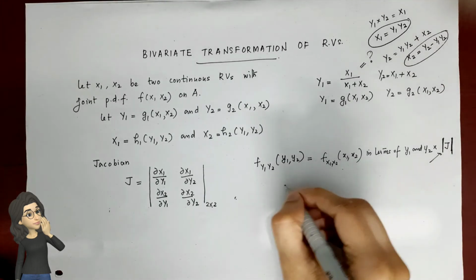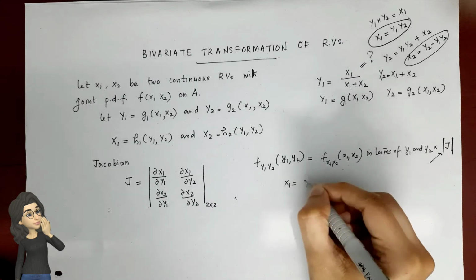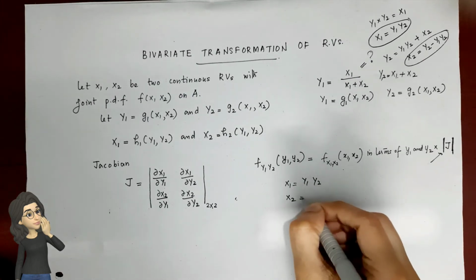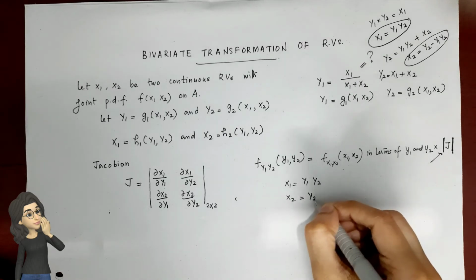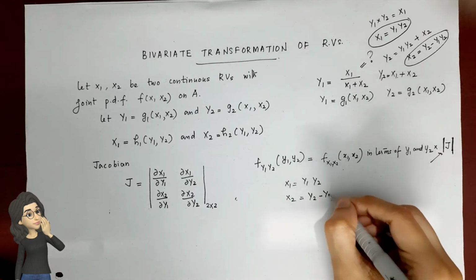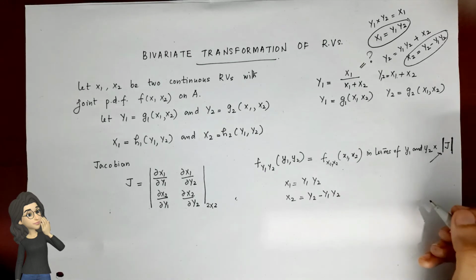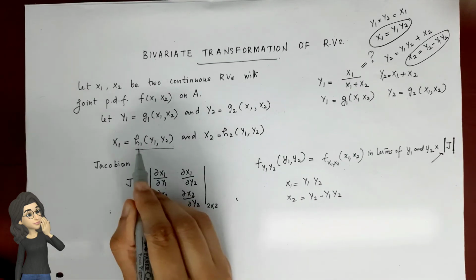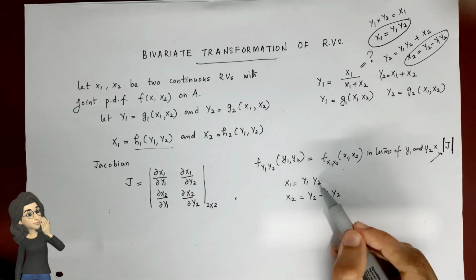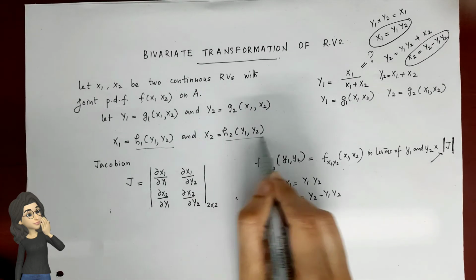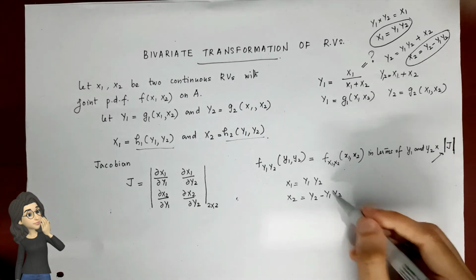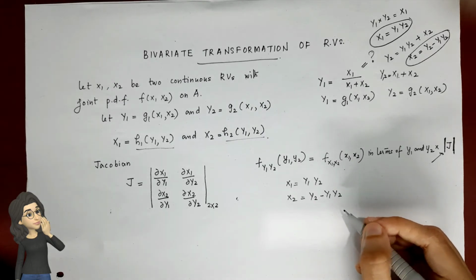So x1 is equal to y1 y2 and x2 is equal to y2 minus y1 y2. Instead of h1 of y1, y2 we have y1 into y2, and instead of h2 we have y2 minus y1 into y2. From here I am going to find the Jacobian.